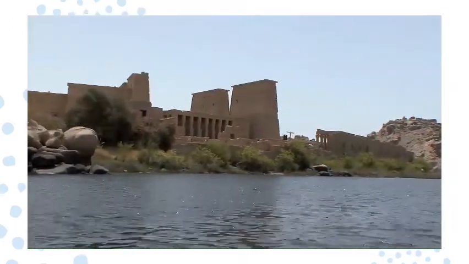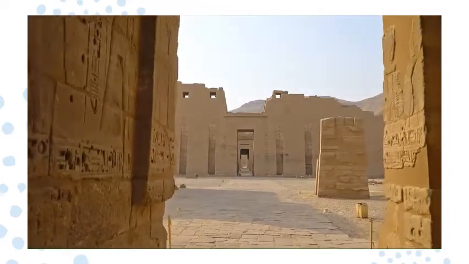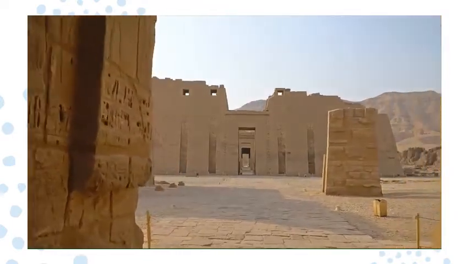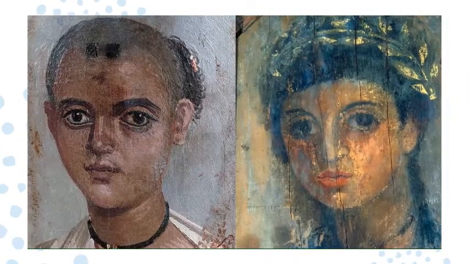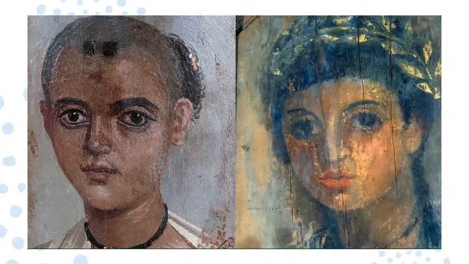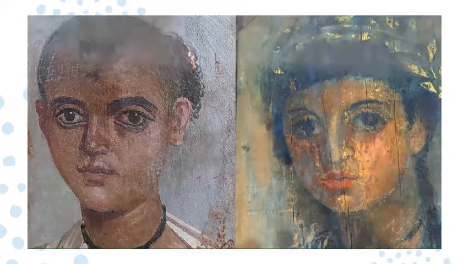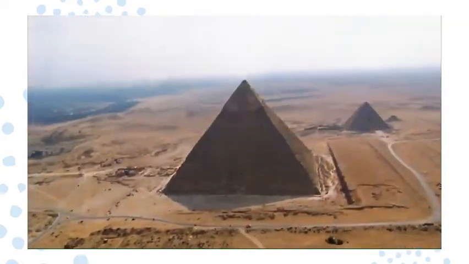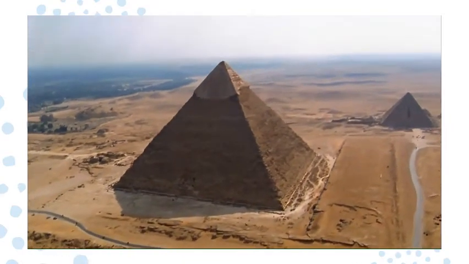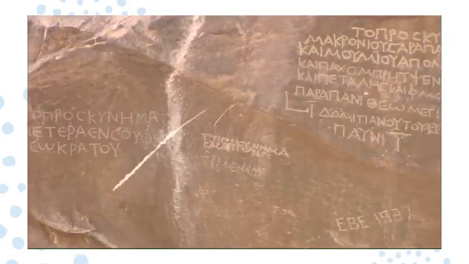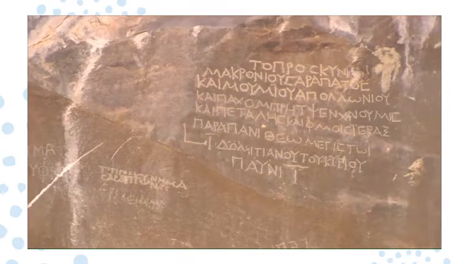On such journeys, they also loved going sightseeing. Just think, this boy and young woman lived 2,000 years ago. At that time, the pyramids were already 2,500 years old. Some visitors wrote their names on the walls.